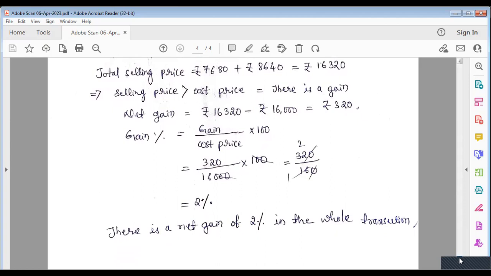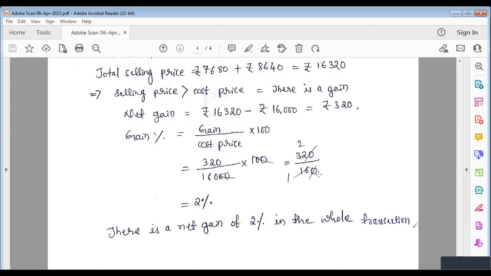Then what is the gain percent in this whole transaction? So gain percent is equal to gain divided by cost price into 100. This is equal to, gain is 320, as calculated here, and 16,000 is the cost price, into 100. So 2 zeros get cancelled, and it is 320 divided by 160.